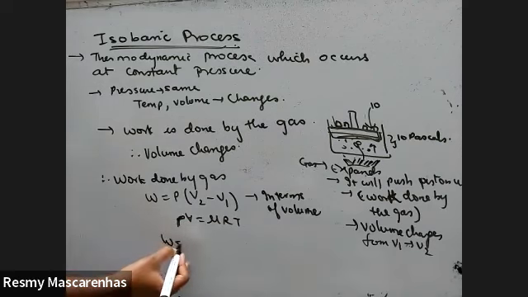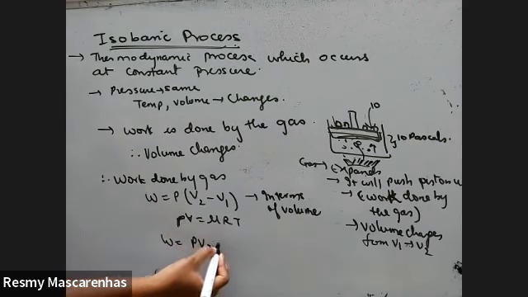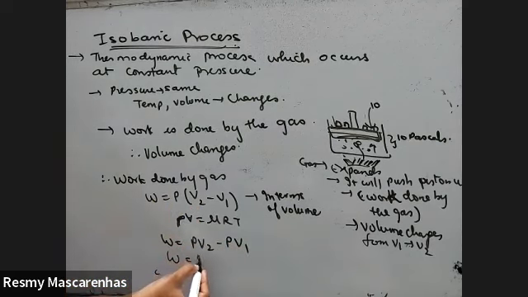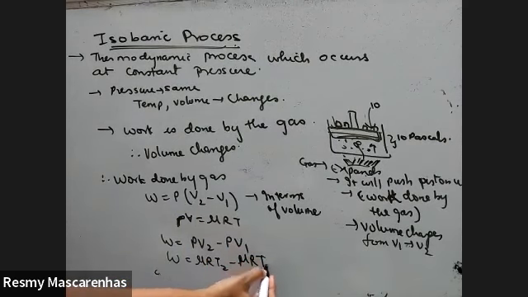I'll open up the bracket: PV2 minus PV1. So work done will be mu RT2 minus mu RT1, like in the adiabatic process we have done. Take mu R common. So in terms of temperature, this is the work done for the isobaric process.